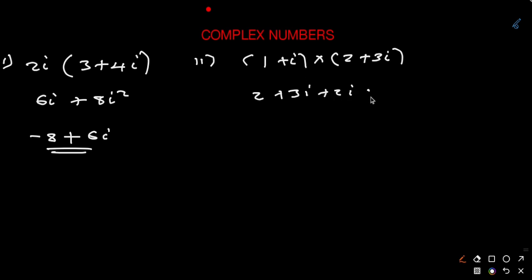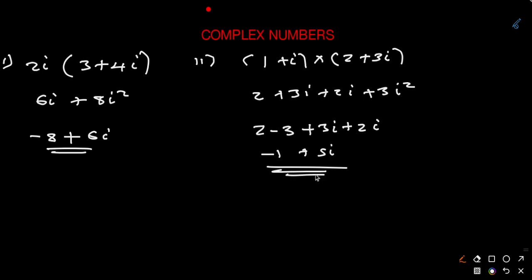Then here we are going to get 3i squared. So i squared is negative 1, meaning here we are going to get negative 3. So collecting the like terms, here we are going to have negative 1, and here we are going to have positive 5i. Then here you are done.